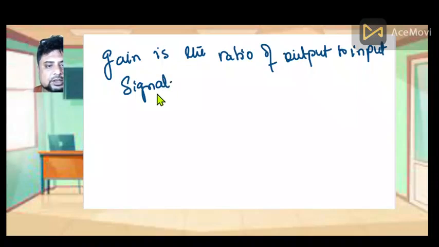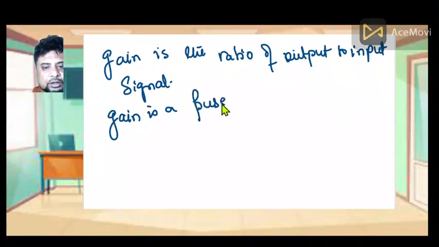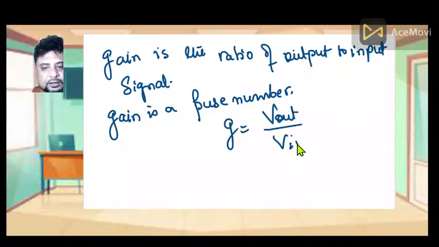It may be current or voltage. Since it is a ratio, gain is a pure number. Gain is V out by V in, the output voltage to the input voltage.